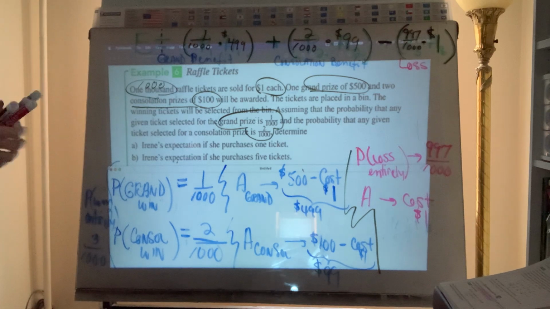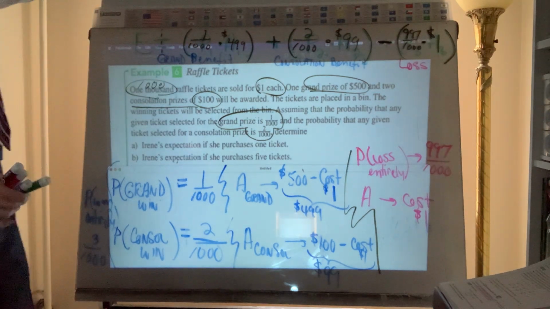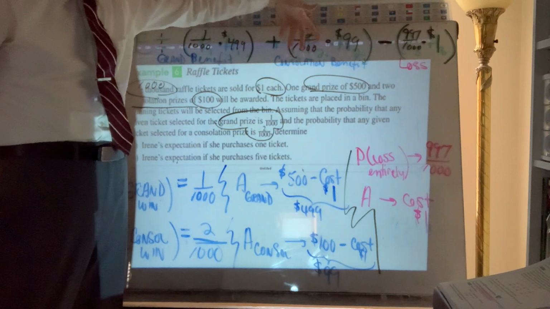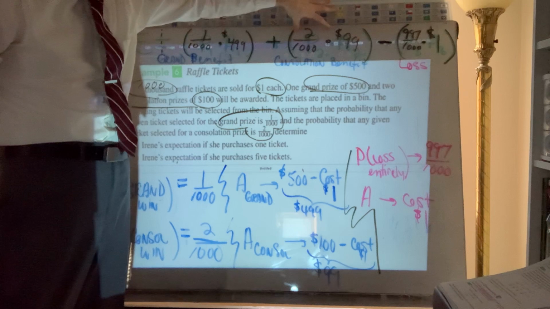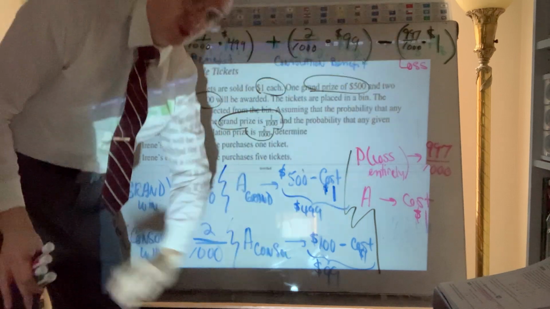So this is the modified version of the formula that we're going to use. This benefit term for the grand prize, this slightly less beneficial but still beneficial term for the consolation prizes, and then the losses overall.